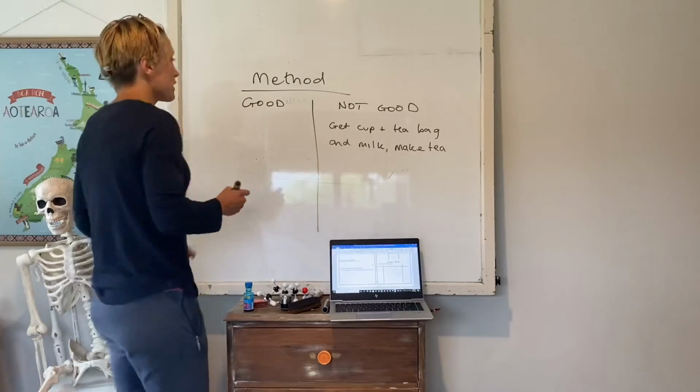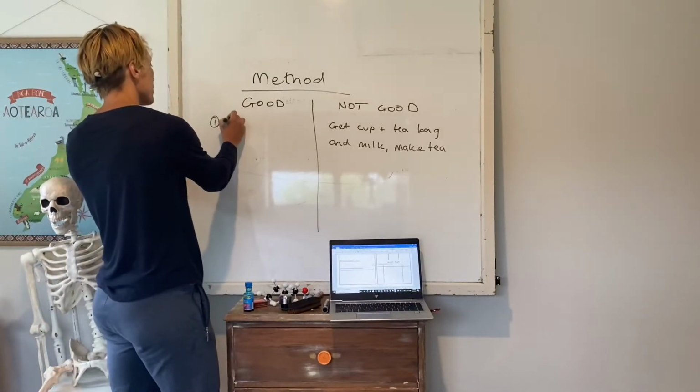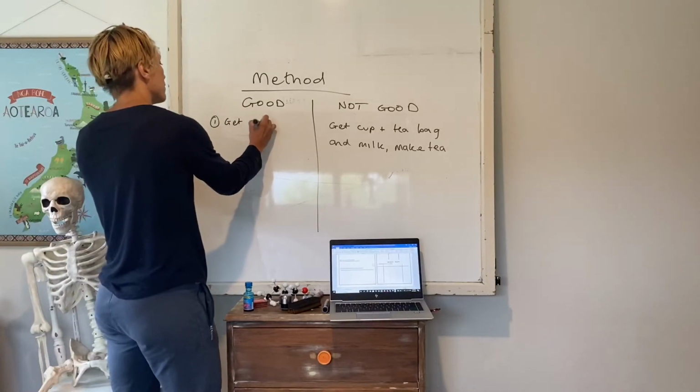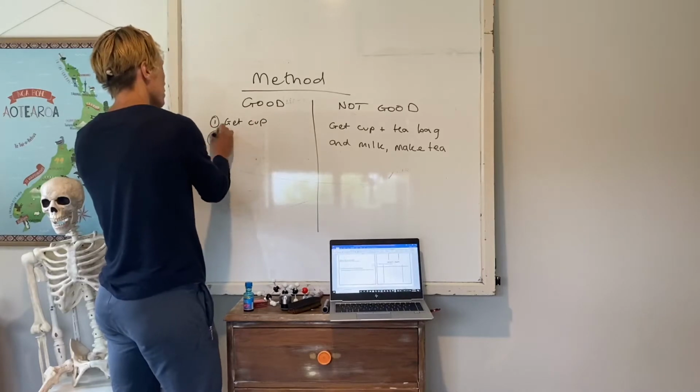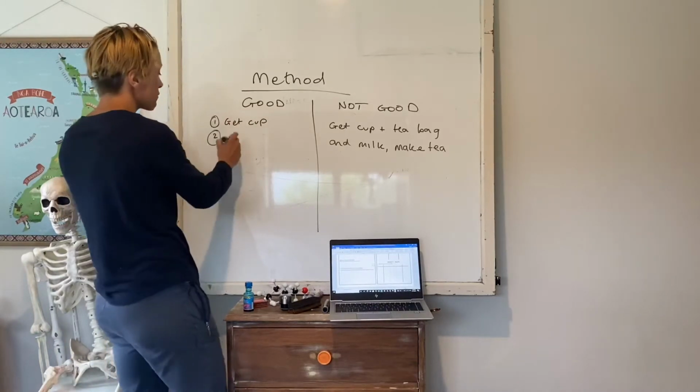A good method is: 1, get cup. 2, we're going to number it so it's really clear to follow.